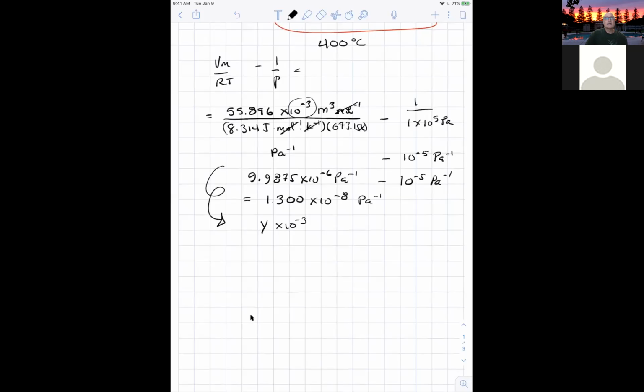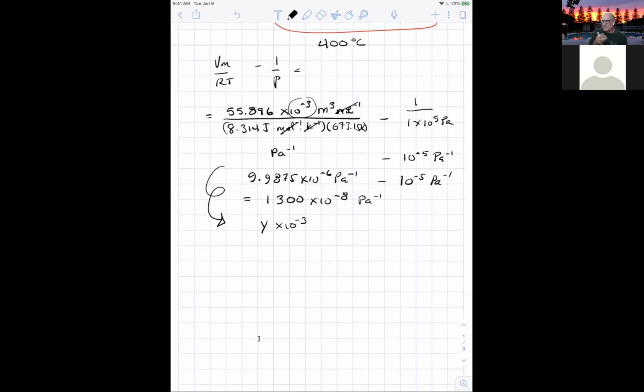What I do when I talk about doing this in answer keys or in class, I say you want to make it agreeable. In other words, if we didn't do that, then the number on the plot would be 0.00558. It just doesn't look as nice. We want numbers that look like, maybe between 1 and 100.